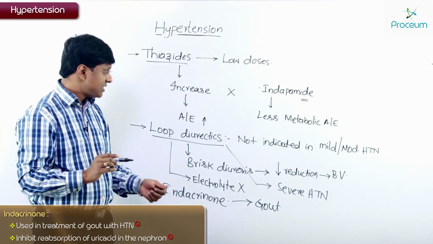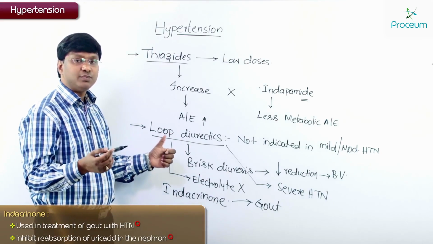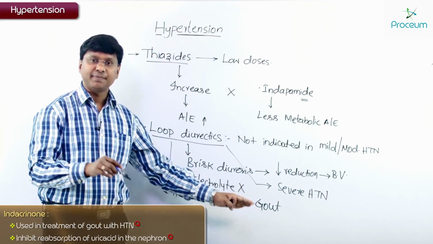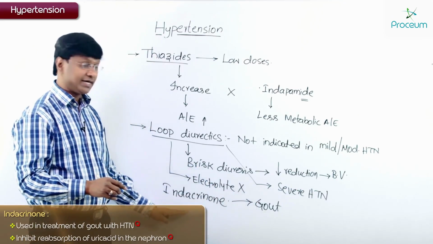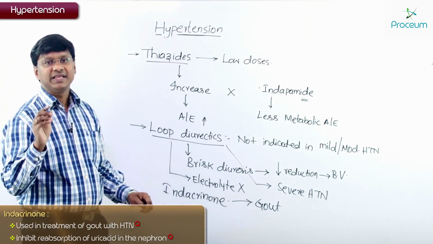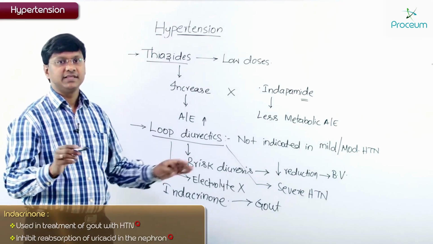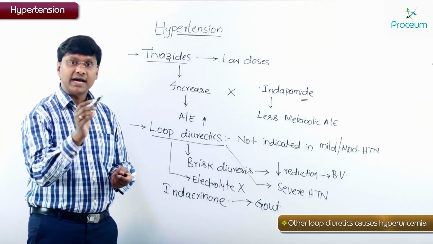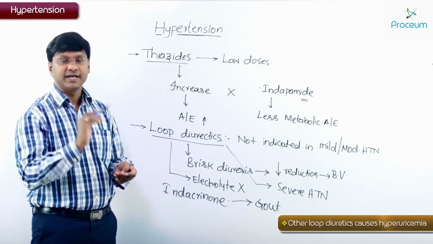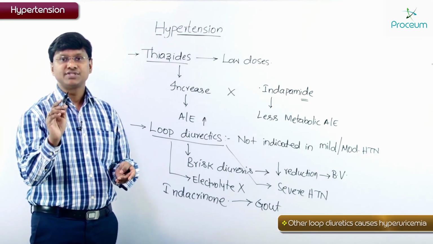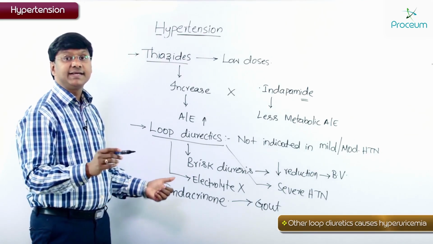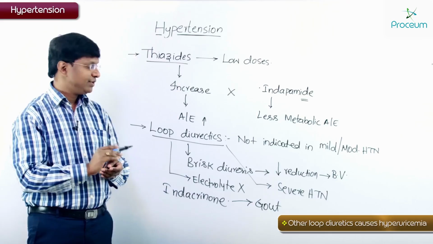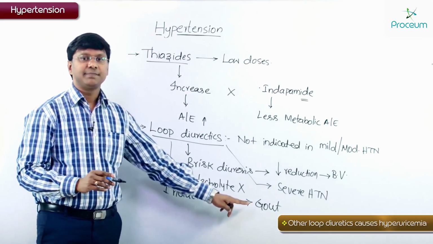So remember this point: among these loop diuretics, the one which can be used as an antihypertensive in a patient with gouty arthritis is indapamide. Whereas the other loop diuretics or other thiazide diuretics will cause hyperuricemia. The important MCQ point about indapamide is that it will inhibit the reabsorption of uric acid, and that is the reason why it can be used as an antihypertensive in a patient with gout.